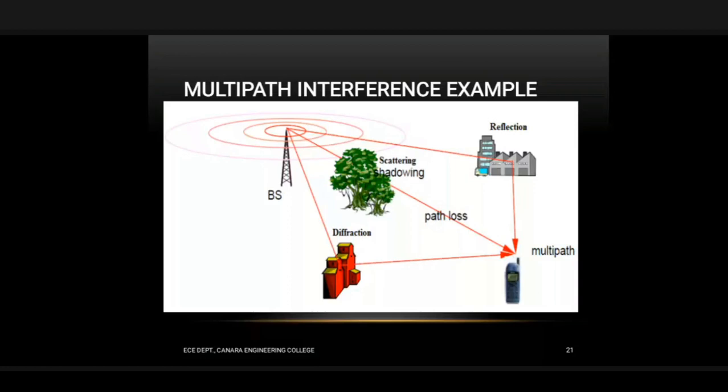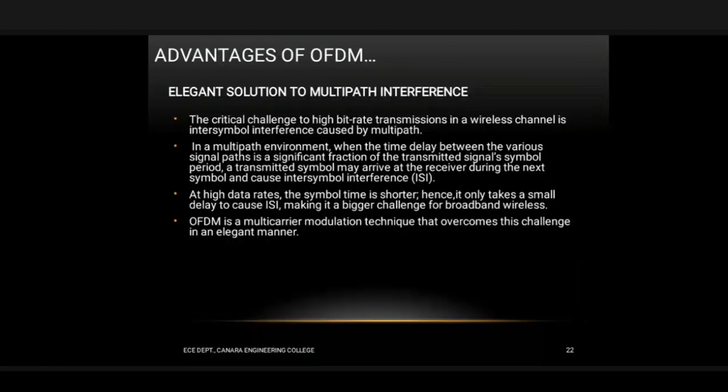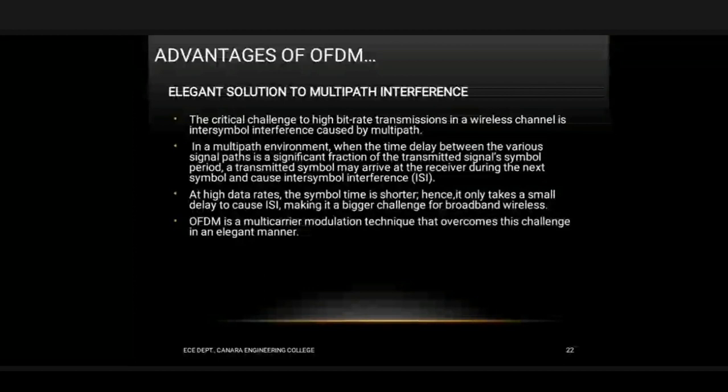Okay, so OFDM provides an elegant solution to multi-path interference. When the time delay between the various signal paths is significant, a fraction of the transmitted symbol may arrive at the receiver during the next symbol and cause ISI, inter-symbol interference.